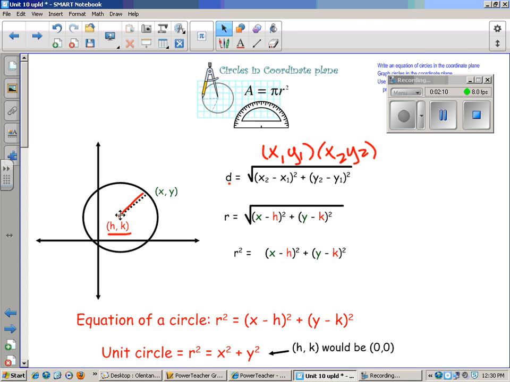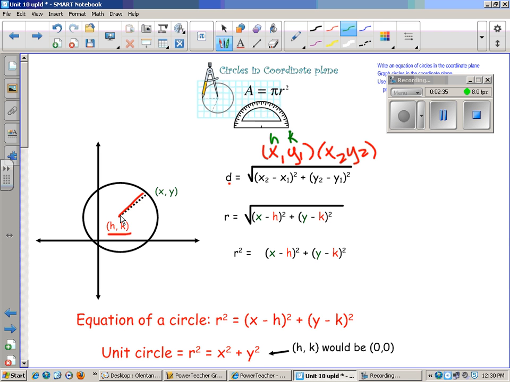But in circles, we know that one of the points is going to be the center. So instead of x1, y1, I'm going to use h, k. So I'm going to take out x1, y1, replace it with h and k, because that's one of the points. Everybody with me so far? Okay.